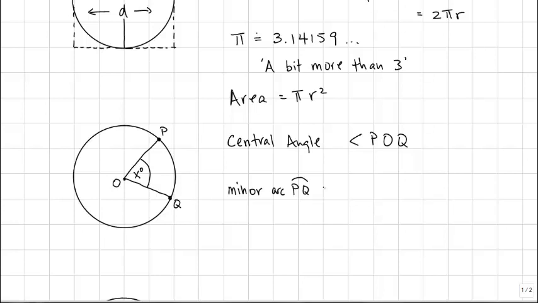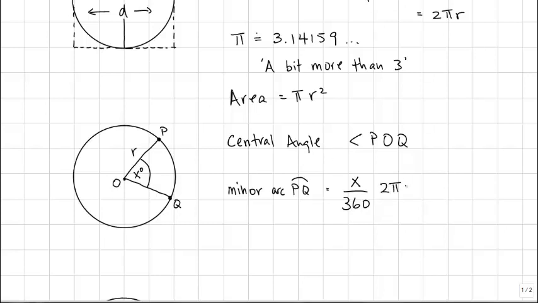So if we want to find the length of that minor arc PQ, well, a full circle is 360 degrees. So if you added up all of the central angles, you would get 360 degrees, and therefore the arc PQ is a fraction of the circle, and the fraction is defined by whatever the central angle x is divided by 360. And then the circumference is either pi d, or if you're given the radius, 2 pi r.